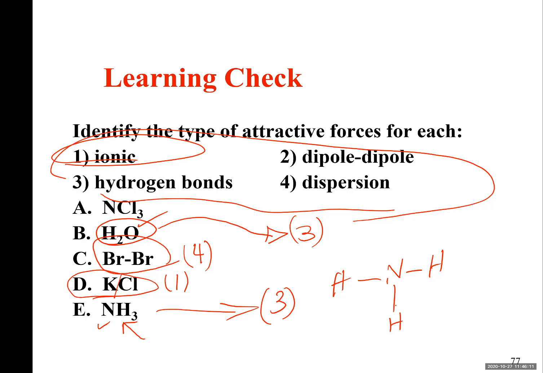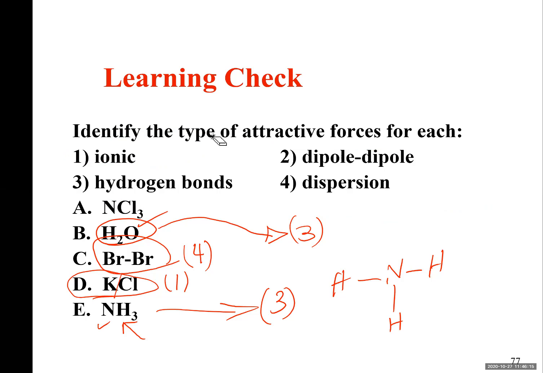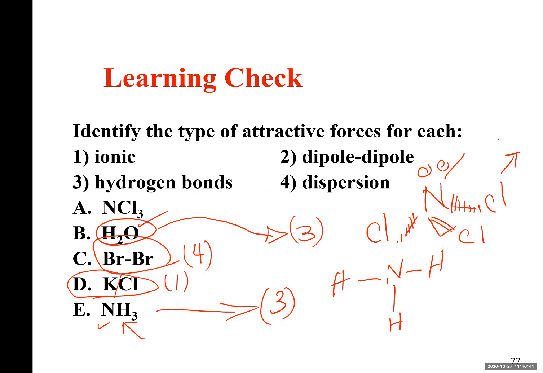And if I ask you guys, is NCl3 non-polar or polar? We know it's covalent. And if you write the Lewis structure, you're going to get a pyramidal structure. It looks like this. Is the bond between nitrogen and chlorine polar or non-polar?